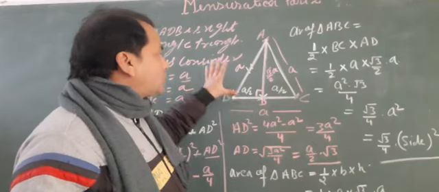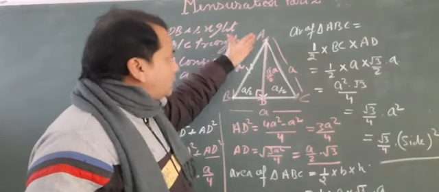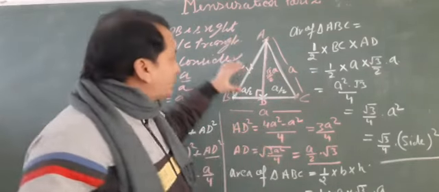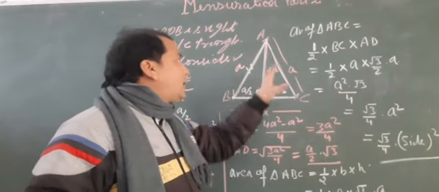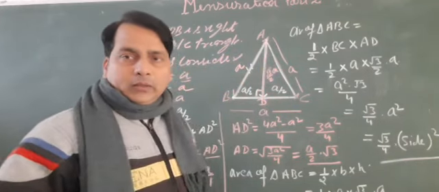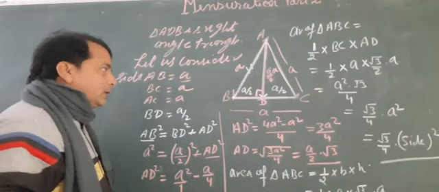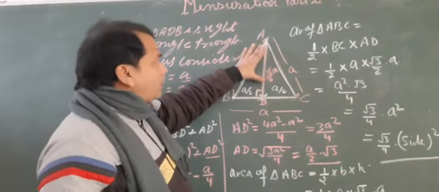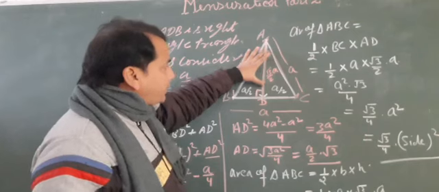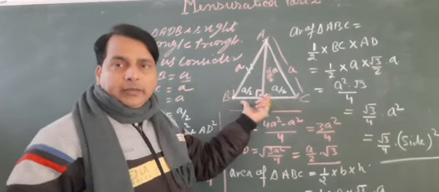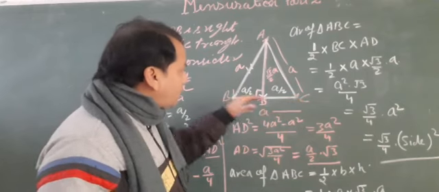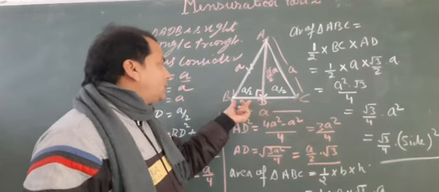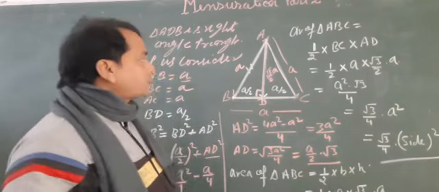Now suppose that the side of the equilateral triangle AB equal to A, then other two sides BC and AC are also equal to A. Then perpendicular height AD bisects BC in two equal parts, so side BC is A, then BD equal to A by 2.